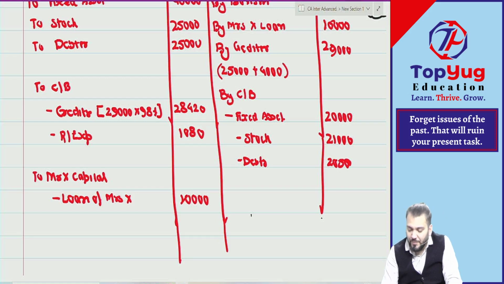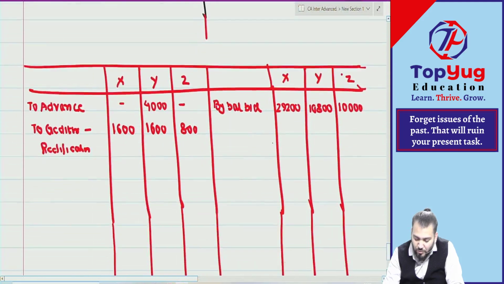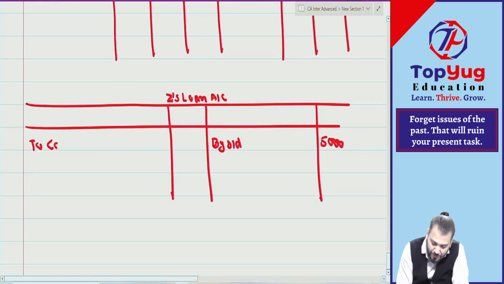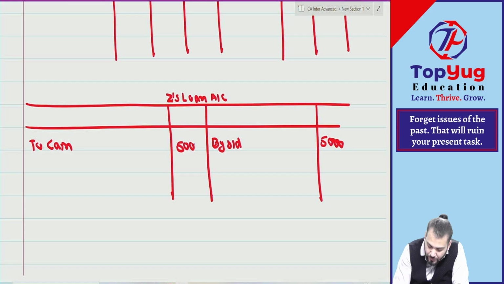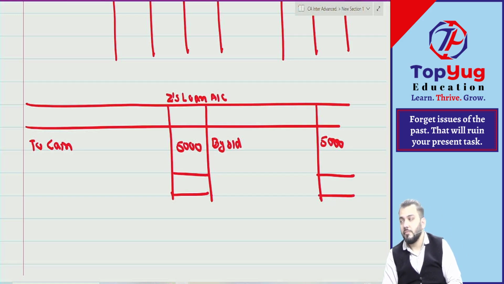Can we give the double effect? Second effect. This will also be paid now, so just make a payment to him also. To cash, how much? 5,000. Done.